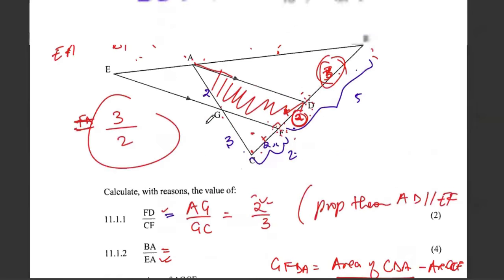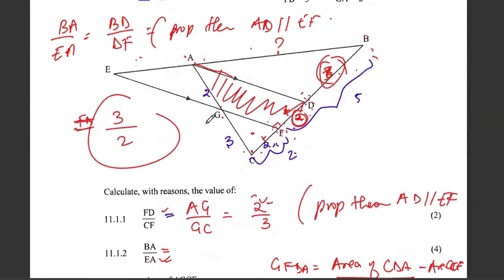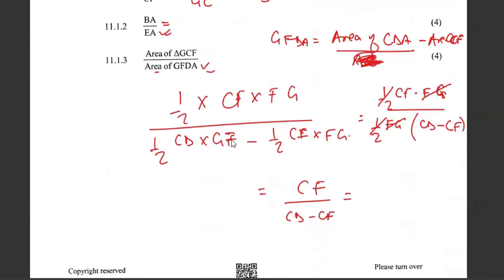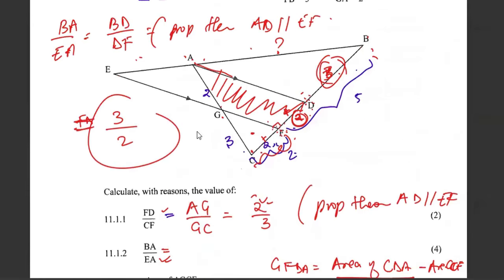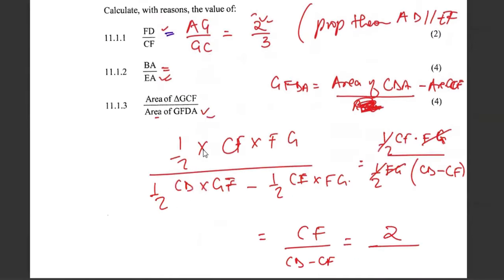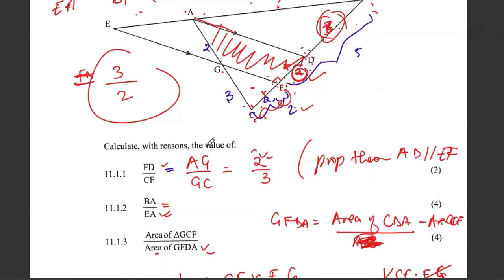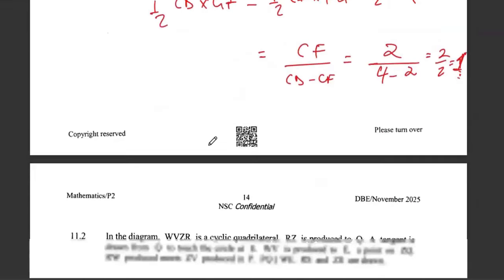So what is our CF? CF we said was 2 units over the CD, from here up to here, if that was a 2 and the 2, that becomes 4 units, minus the CF, which is a 2. So which is 2 over 2, which is the 1. Guys, I don't know, but this doesn't seem okay with what I need. But that's how I would have gone about it.